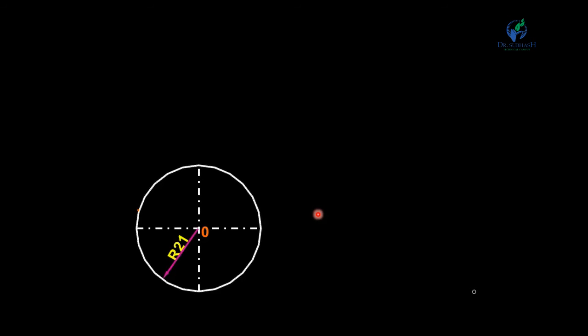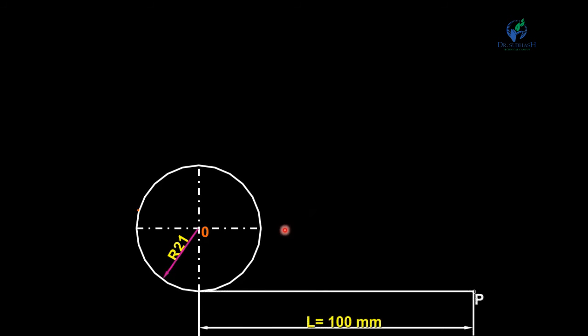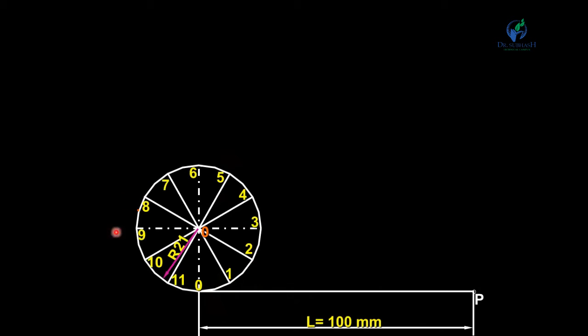So for that, first of all, draw a circle of radius 21 mm, and here this line is of 100 mm length. Now divide this circle into 12 divisions, 1 to 12 parts.